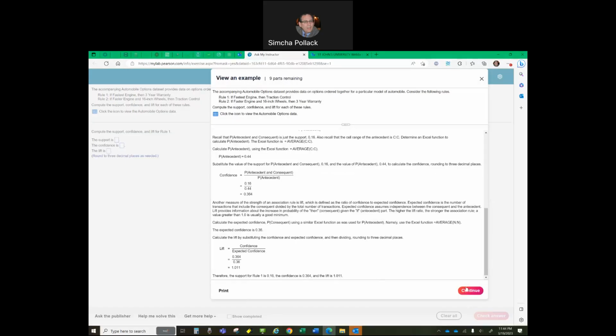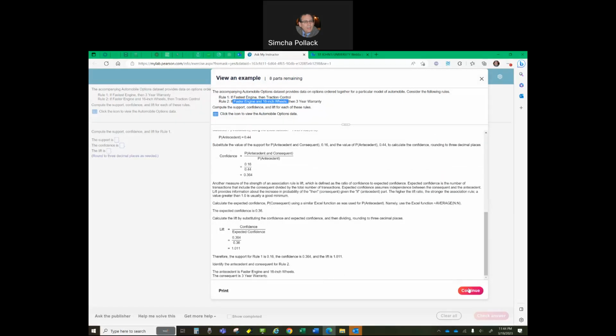Now at this point we can repeat the same exact process for the second rule, but the additional complication is that the antecedent is two things. So when you go to your sum product, you basically have to use three arrays. I'm not going to demonstrate it on Excel, but we'll go through it.